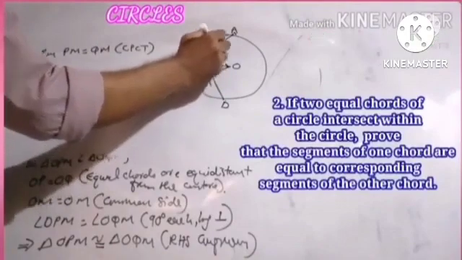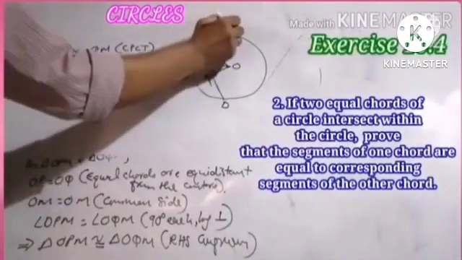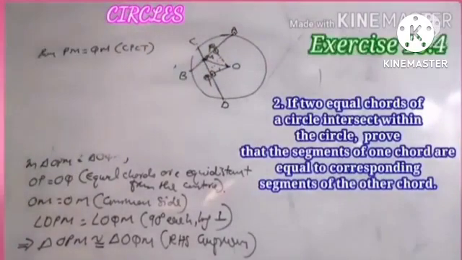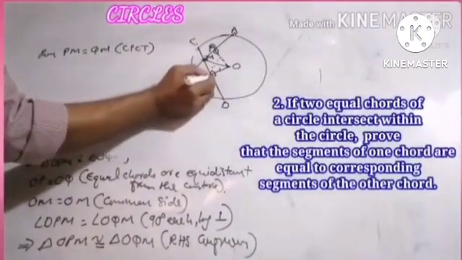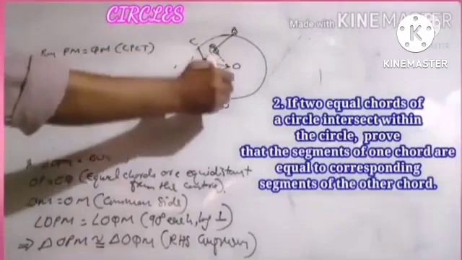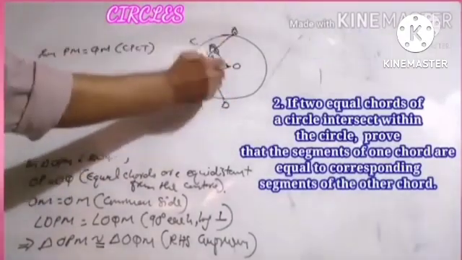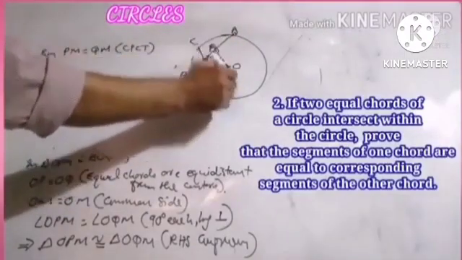PM and QM are parts of AM and DM, or AB and CD. Here AP is half of AB, DQ is half of CD. So AP equal to DQ. Then add the equals to these equals, and we can say that AM equal to DM.